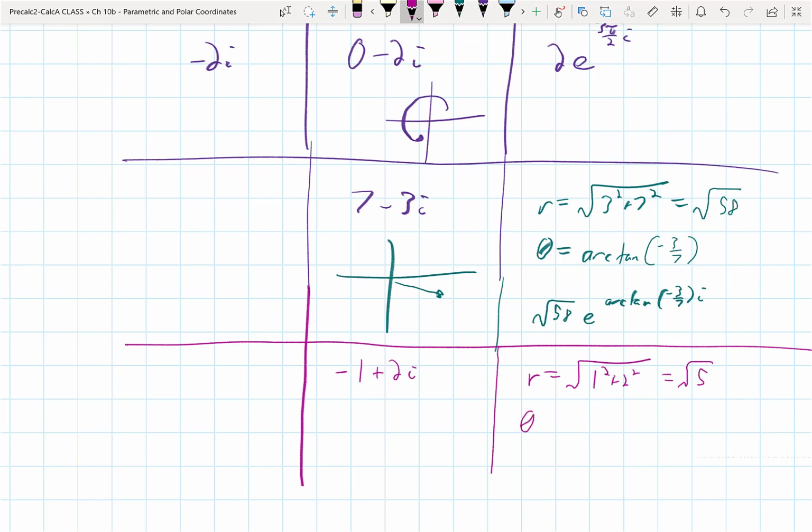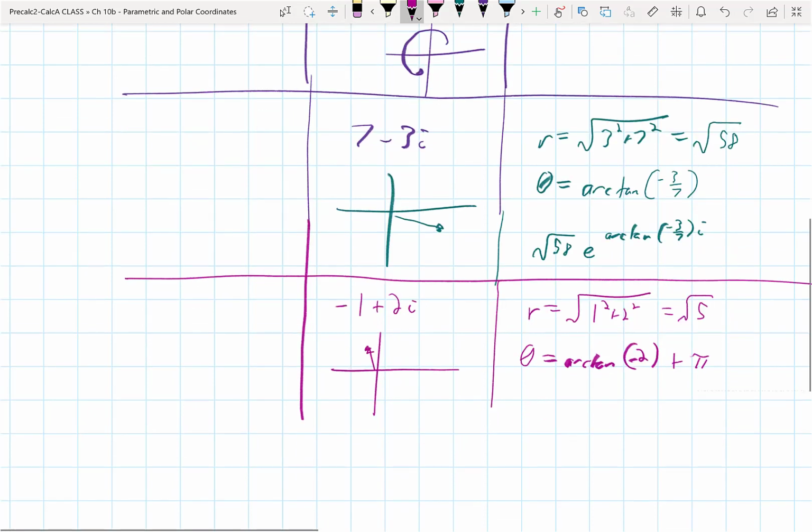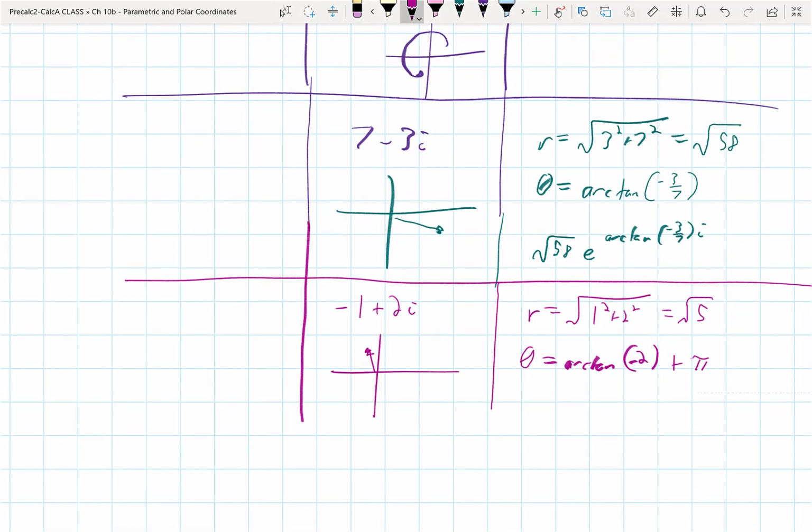And the theta, since this is popping up into quadrant 2, and arctangent only outputs in quadrant 4, I know that theta would have to be equal to the arctangent of -2, but since the arctangent of -2 is a negative number, I'd have to add pi to that to make sure that it pops up into quadrant 2 instead of being an angle in quadrant 4. So my polar form would be √5 e to the (pi plus arctangent of -2) i.